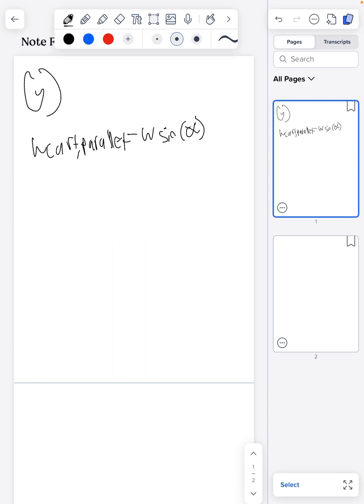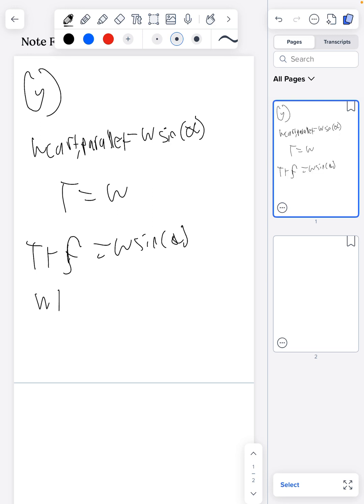Then the tension in the cable also equals W, and the friction force: T plus F equals W sine angle, so W plus F equals W sine angle.